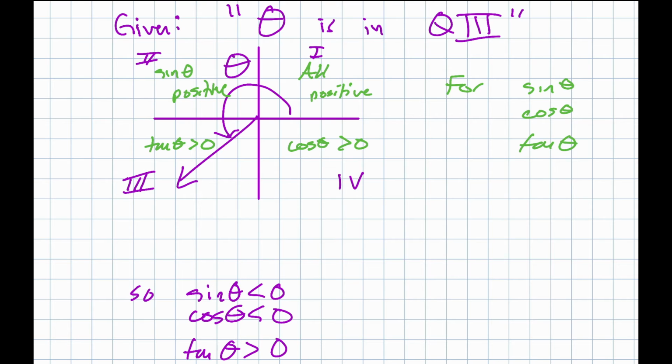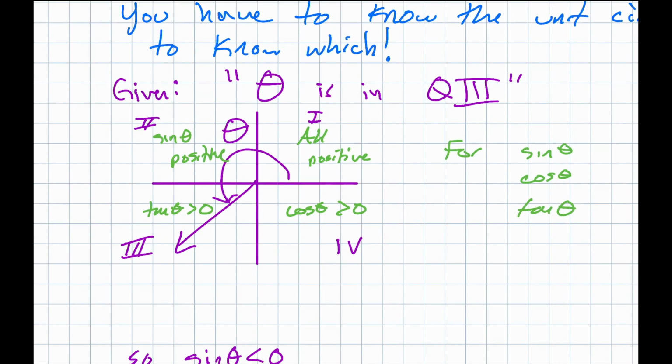And then to remember this, they put an A here, S here, C here, T here, right? A, S, C, T. I just got my letters wrong.